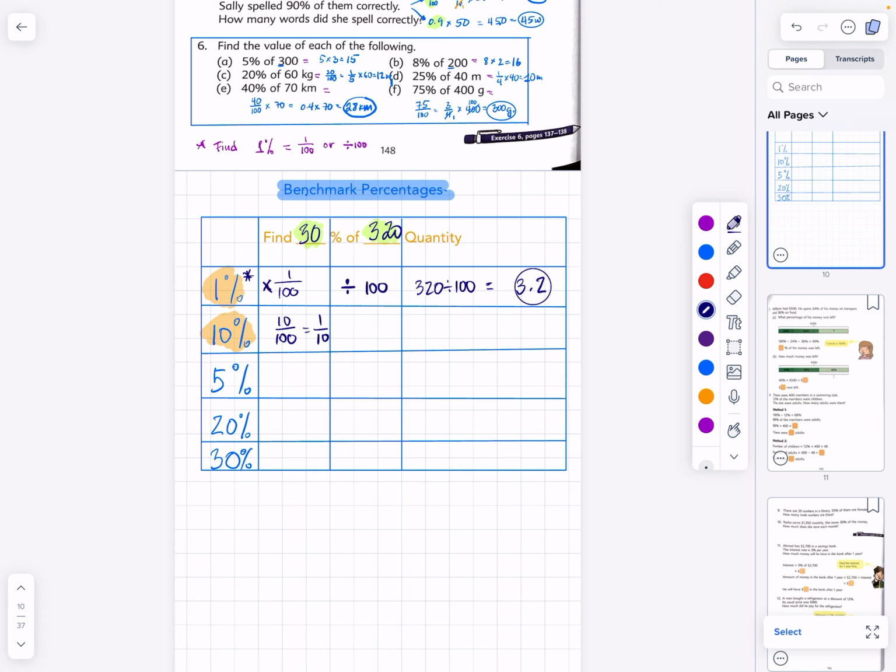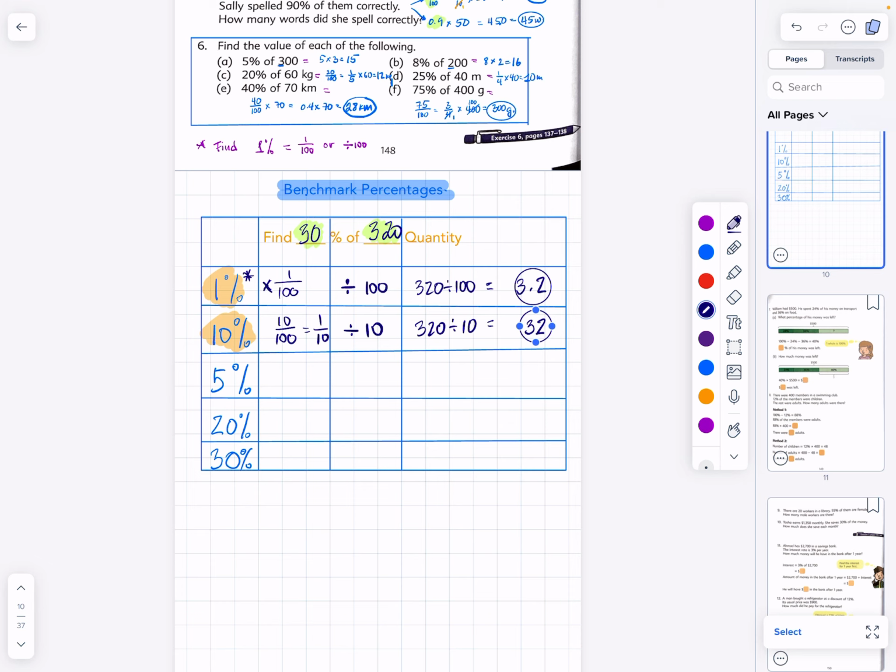So in order to find 10%, we have to divide the quantity into 10 equal parts and take only one part. So it is the same as dividing by 10, right? To find 10% is to find 1/10. To find 1/10 means you divide by 10 and take one part out of that. So it is 320 divided by 10, and we all know it's super easy. It is 32. So 10% of 320 is 32.